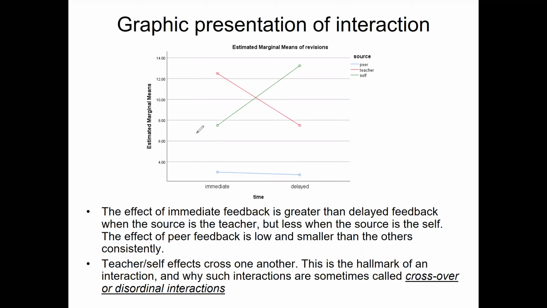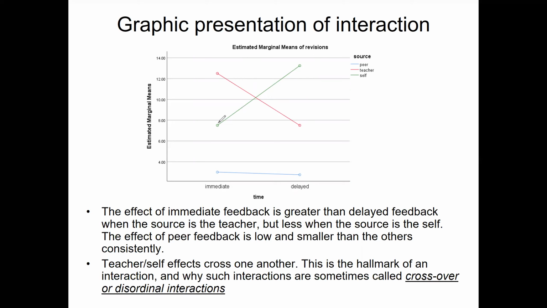It might be interesting to look at the contrast between, say, teacher feedback and peer feedback in the immediate condition, and we can do that later, but we don't want to deal with it now. So what we want to look at, for descriptive purposes and to understand the interaction, is this cross between the teacher and the self as a source of feedback.